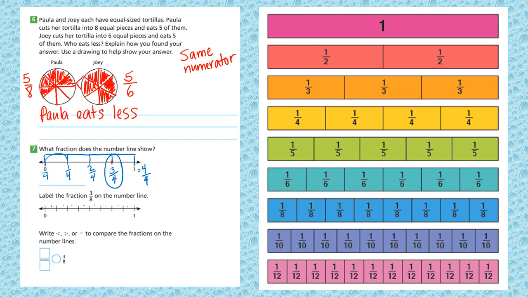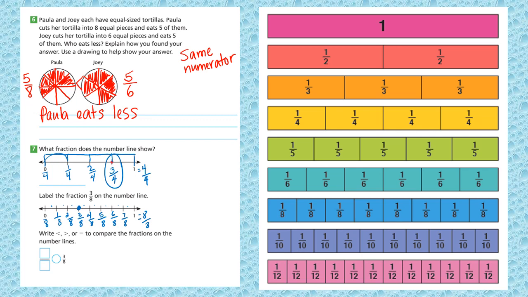So we start off with 0 or 0/8, 1/8, 2/8, 3/8, 4/8, 5/8, 6/8, 7/8, and 1 whole, which equals 8/8. Okay, and where I would put a mark would be on my 3/8, which would be right here.